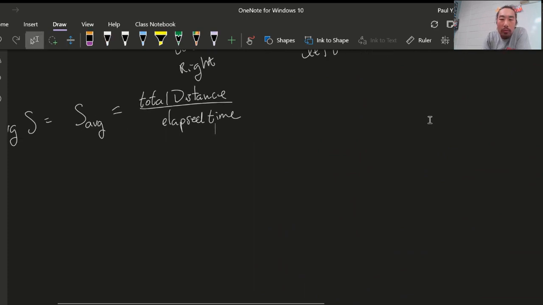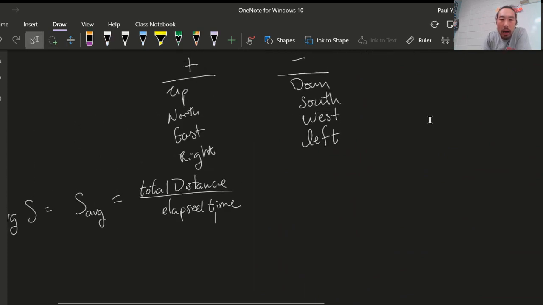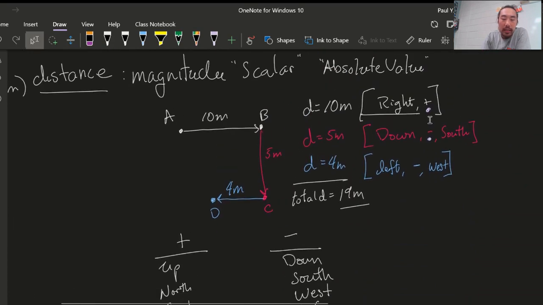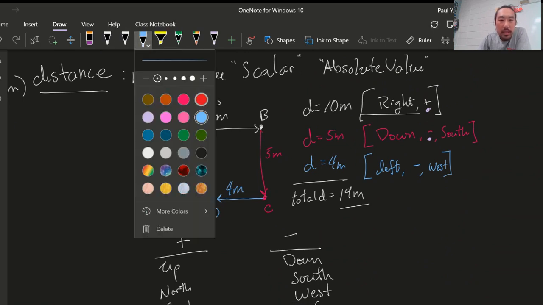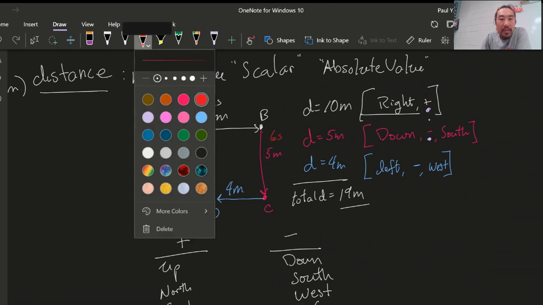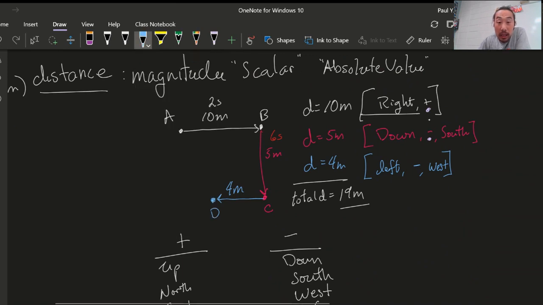So, for example, if we were to go back to this idea up here, let's say from A to B it took, I don't know, 2 seconds. And from B to C, let's say that took 6 seconds. And from C to D, let's say that took 1 second.